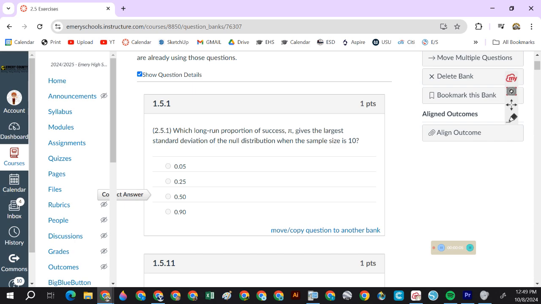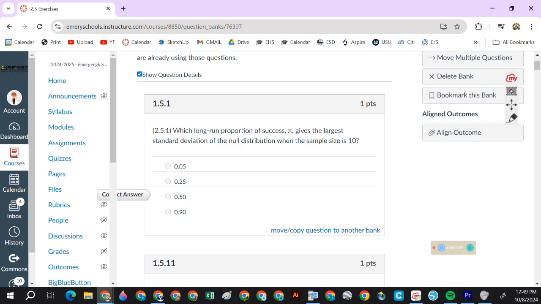Which long-run proportion of success pi gives the largest standard deviation of the null distribution when the sample size is 10? The answer is 0.5.